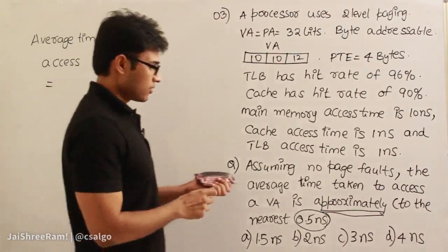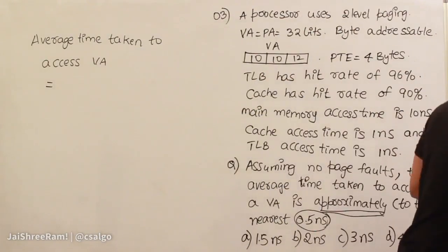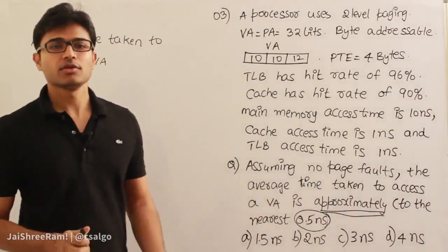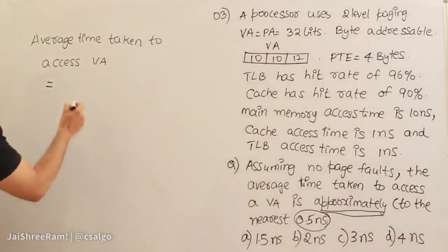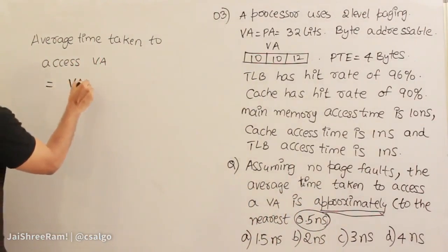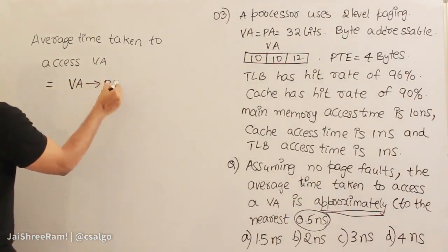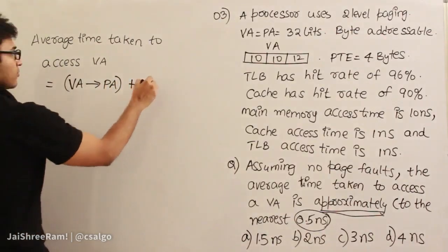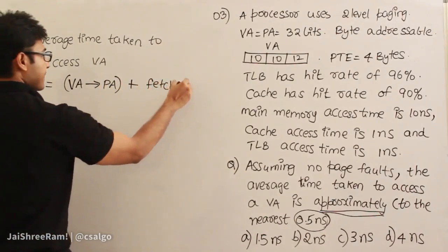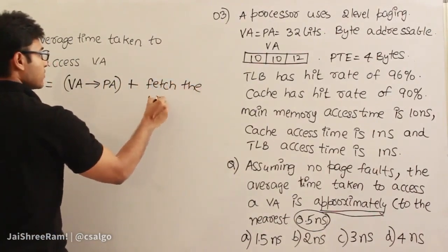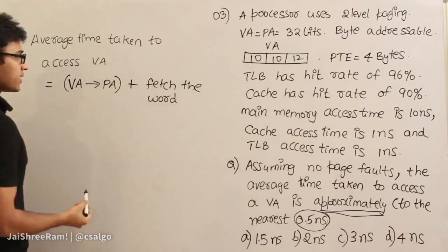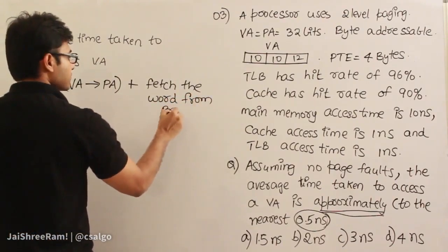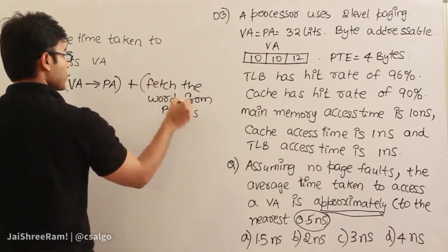It actually comprises two parts. One part is, first you convert the virtual address to physical address, and then you go to the main memory and get the word, right? So it consists of two parts. The virtual address has to be converted to physical address, first thing, and that is going to take some time, and then fetch the word, or byte in this case because it is byte addressable, from the main memory, right?